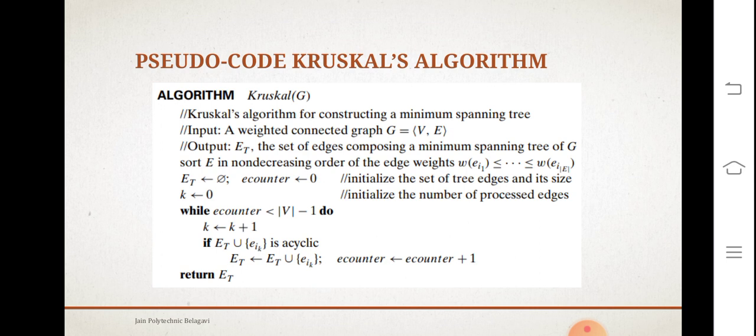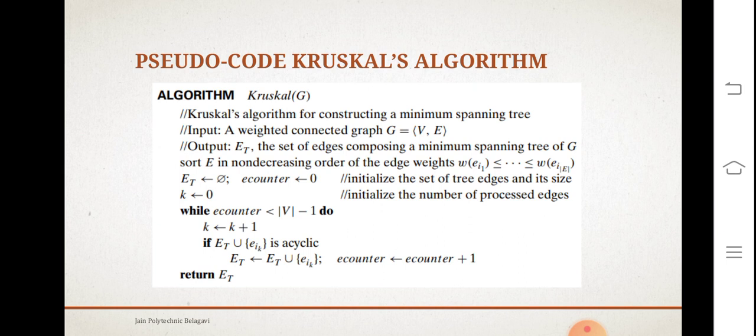Here we have the pseudocode of Kruskal's algorithm. Kruskal is a function that takes an argument, a graph G. It constructs a minimum spanning tree, and the input we are passing to this algorithm is a weighted connected graph G equal to V comma E, where G indicates a graph, V stands for vertices and E stands for edges.